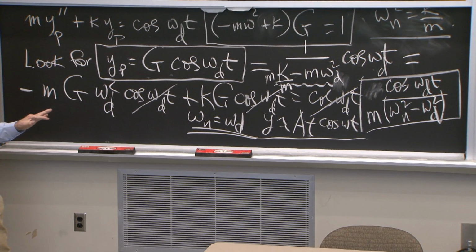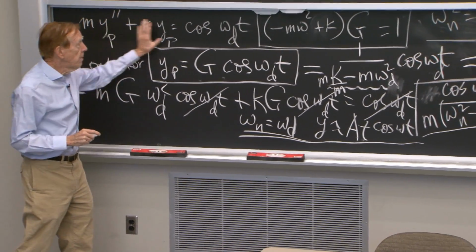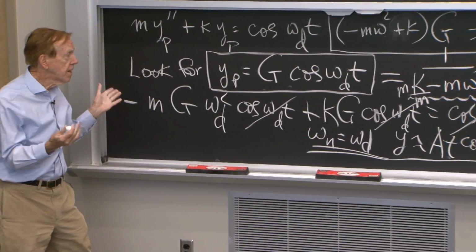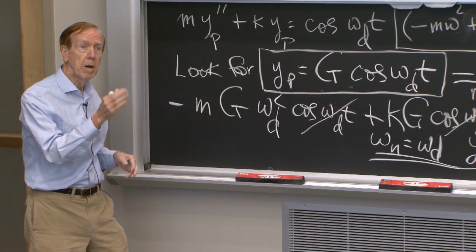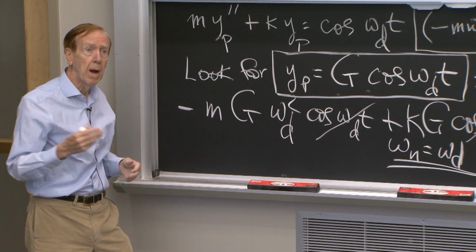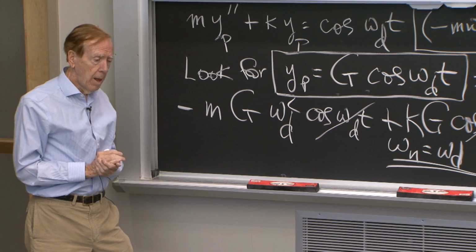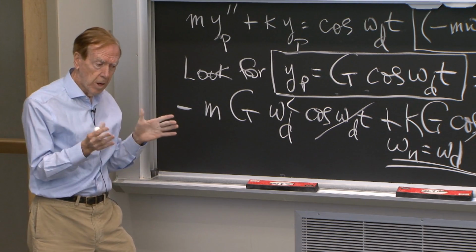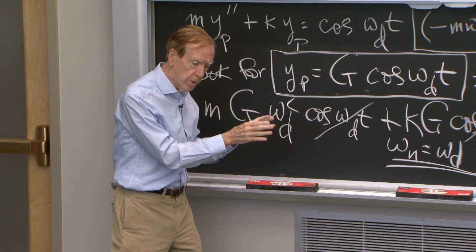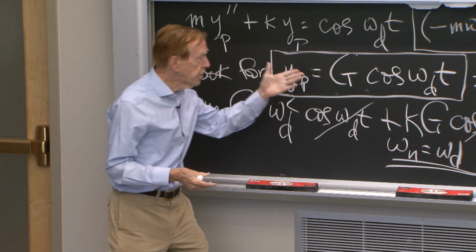Here's my comment. Suppose I want to solve this basic equation starting from a given y of 0 and y prime of 0. I'm going to do it in two parts. I've got the null solution, and I've got this particular solution.